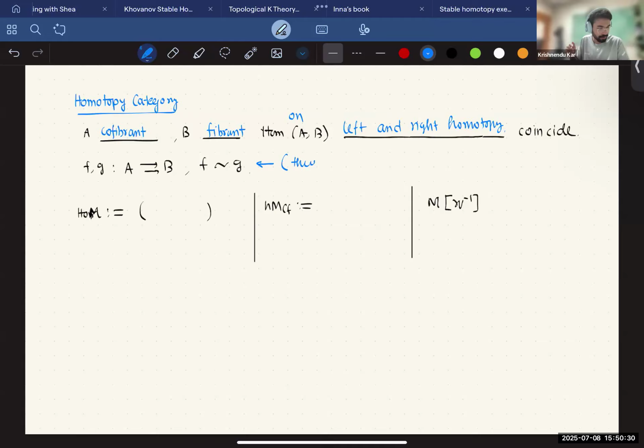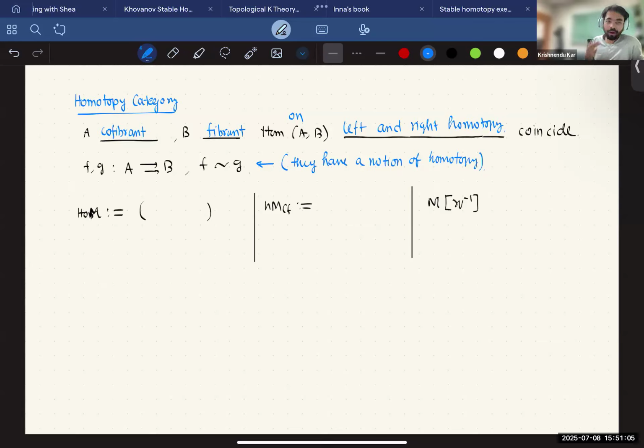We have to define cylinder objects, we have to define path objects, and we have to talk a lot about them. Given the notion of homotopy, the standard way to give you the homotopy class or homotopy category is to quotient out by this relation and see what they are.